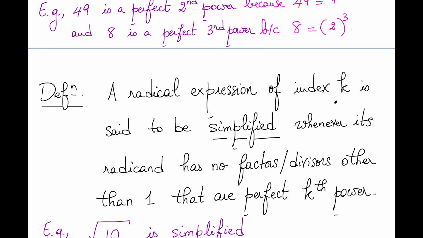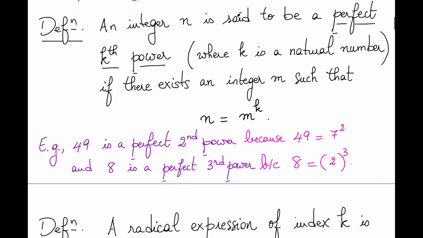Let's read it one more time. A radical expression of index k, we say it's simplified whenever its radicand, the guy under the umbrella, has no divisors other than one which are perfect kth powers. Remember, perfect kth power is what we just talked about above, right?